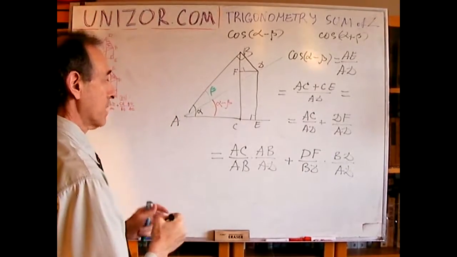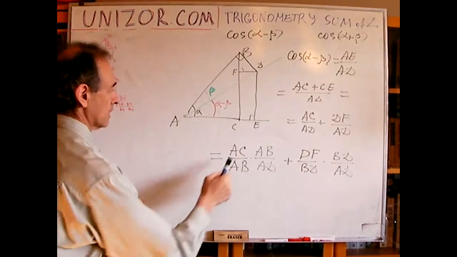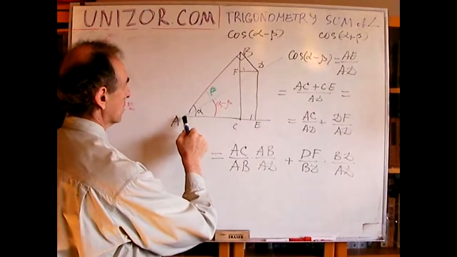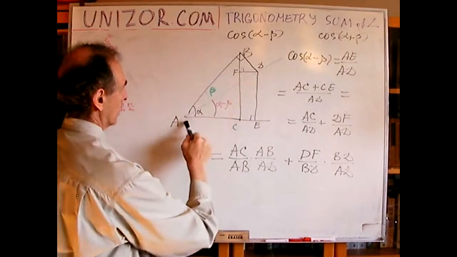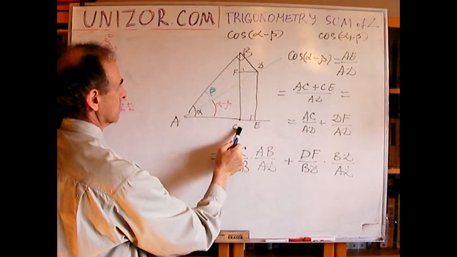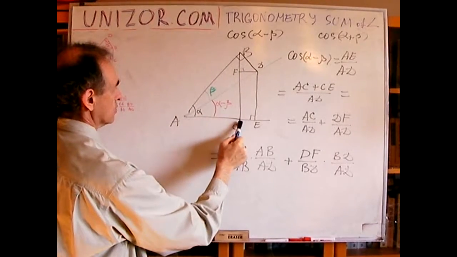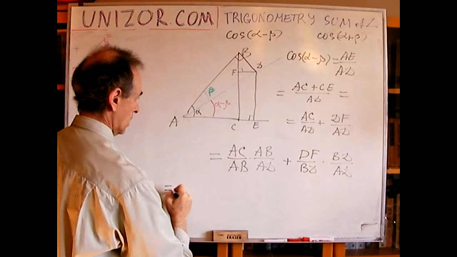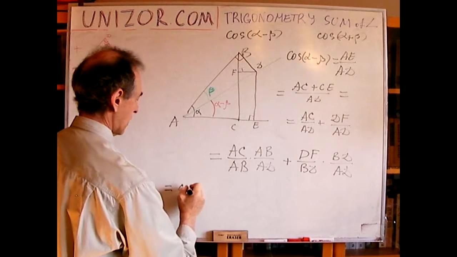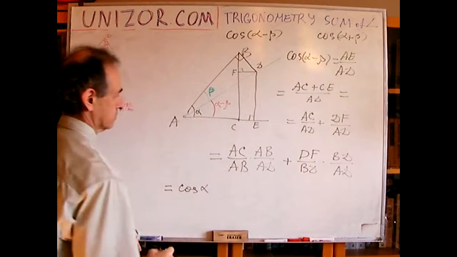Now I have a much better situation because let's consider AC over AB. Well, consider triangle ABC. This is adjacent to alpha and this is a hypotenuse. So this is equal to cosine of alpha.